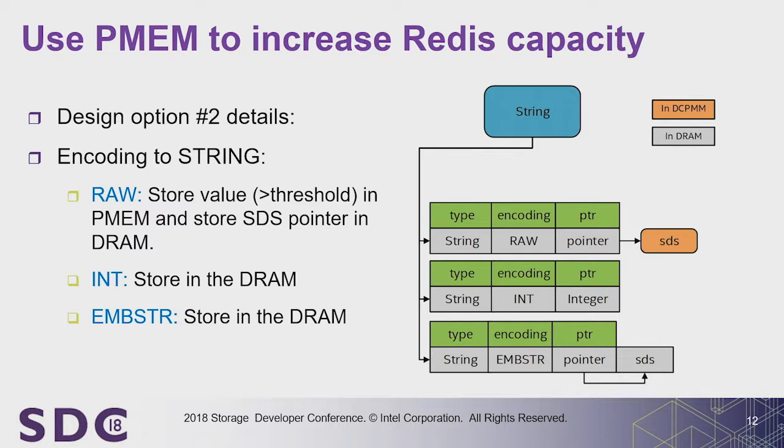For a string, the raw data will sometimes be bigger, so if it is bigger than the threshold, we store the big value in the PMEM and store the SDS pointer in DRAM itself. For int and embedded string encodings, the data size is normally smaller according to the encoding principle, so we still keep those in DRAM.